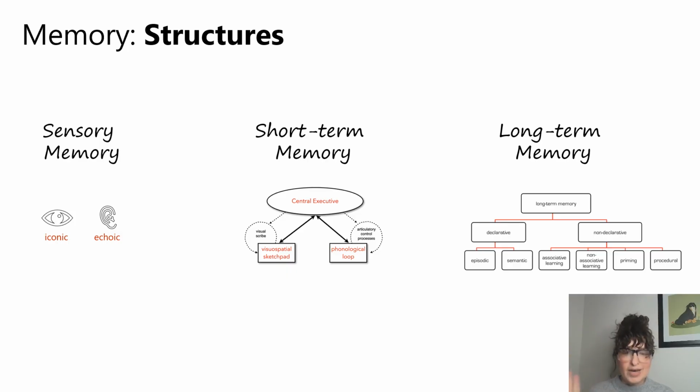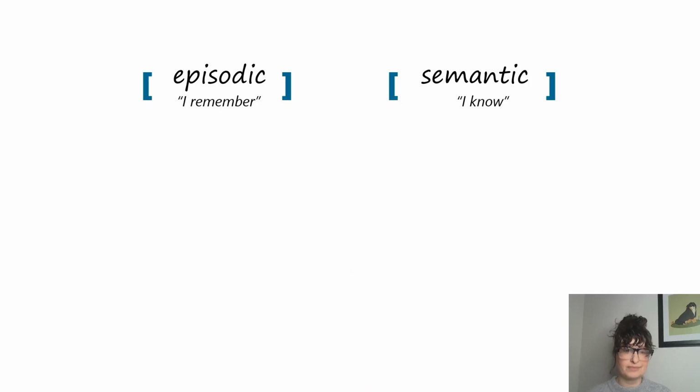And I love talking about non-declarative memory. I teach the psychology of memory at the 3rd year, and non-declarative I think is great. But like I said, I think that where content is most important, most applicable, most useful for you is under the declarative, so episodic and semantic.